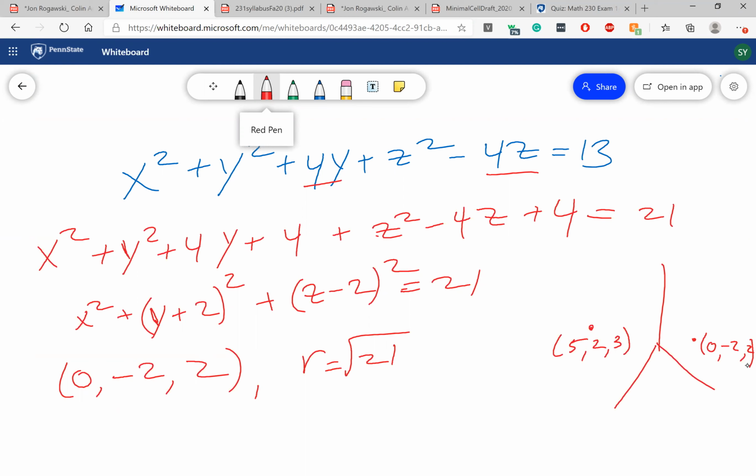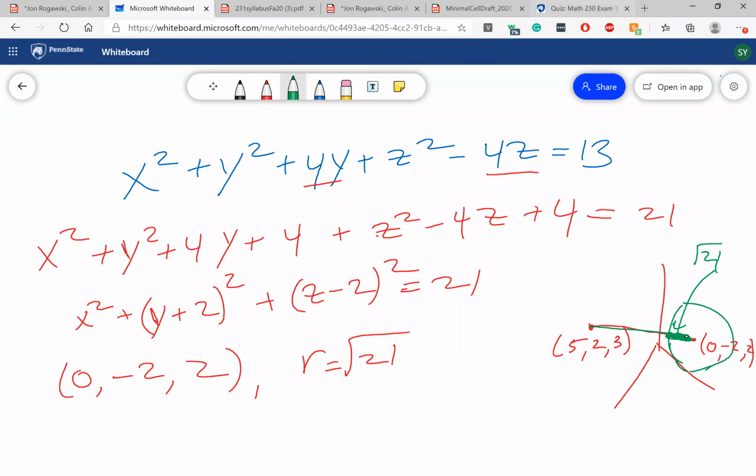Now what we can do is find the distance from the center of the sphere to this point. Wherever the sphere is, let's say it does something like this, at some point the line that we choose is going to touch a point over here. And so this distance over here is the square root of 21 because it's the radius.